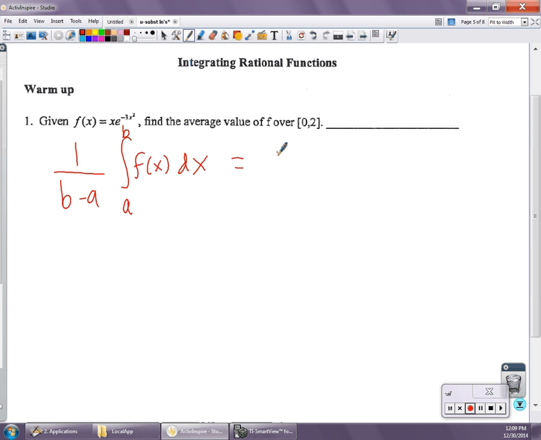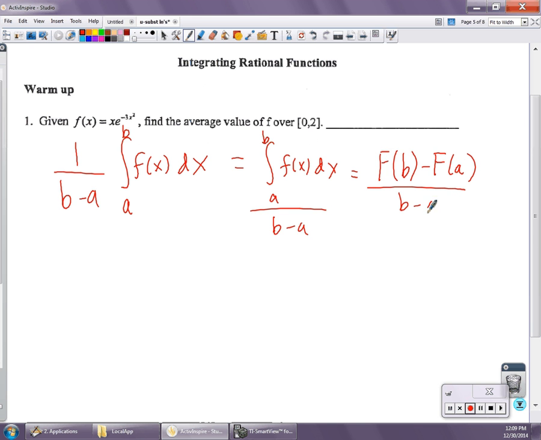Some books will write it this way. The accumulation a to b of f of x dx, and you can actually see the division, which when we evaluate it is going to give us the original function big F of b minus big F of a. There's the fundamental theorem of calculus, divided by b minus a, and that's going to give me an average.